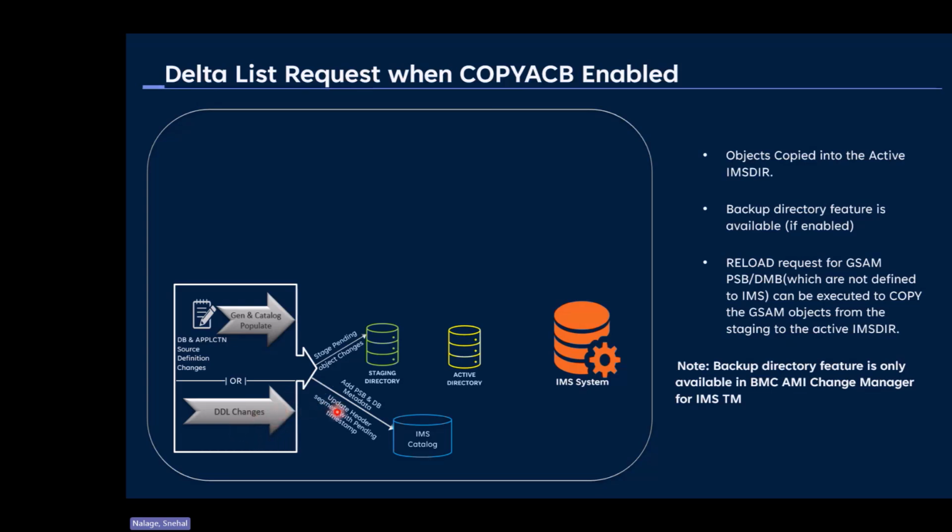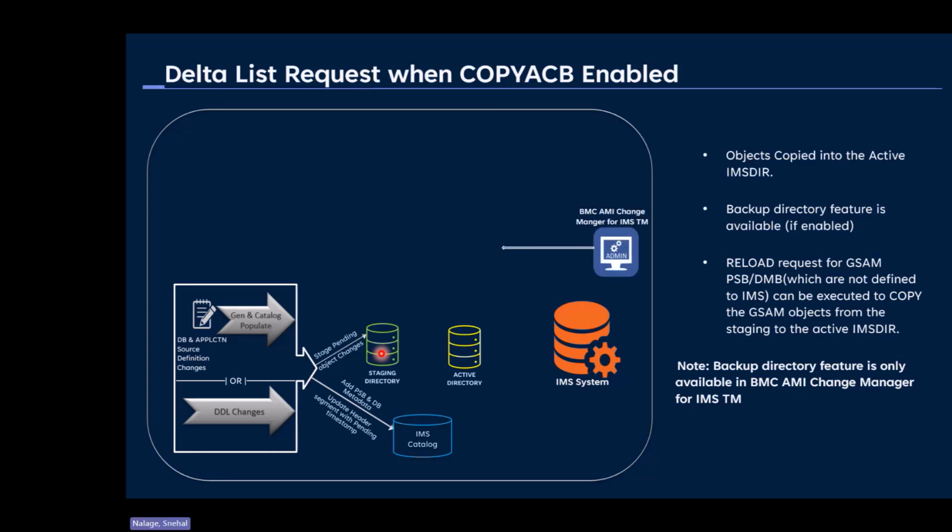What it does is add the new instance for that PSB and the DB metadata in the IMS catalog, and also update the header segment with the pending timestamp, and move the copy of the PSB or the DMB, the ACB or the DMB, to the staging directory for that changed object.